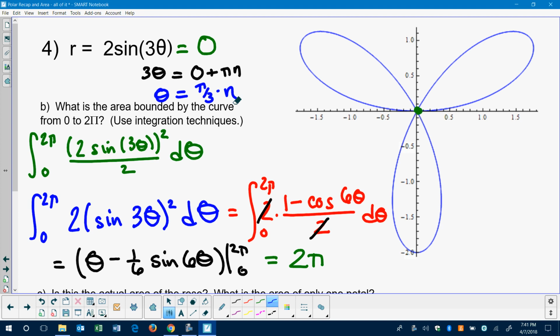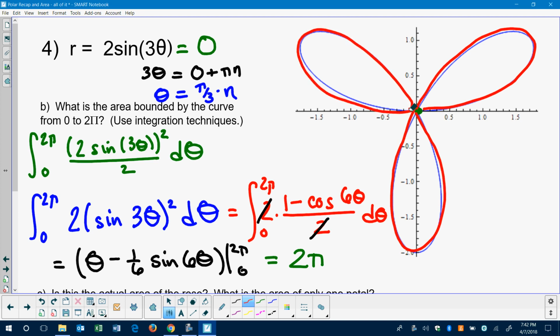It seems to me, and playing around with your calculator will verify this, that this loop happens from 0 to pi over 3. Then from pi over 3 to 2 pi over 3 is this loop, and then 2 pi over 3 back to here is the third loop.